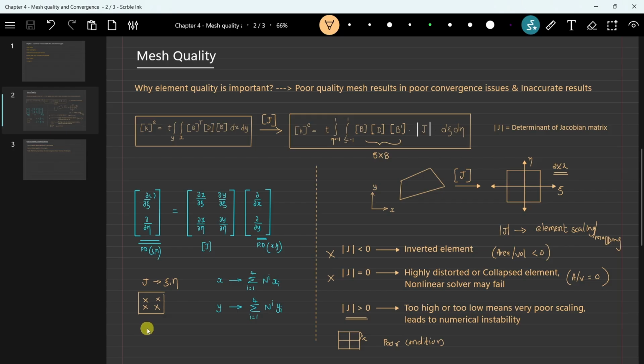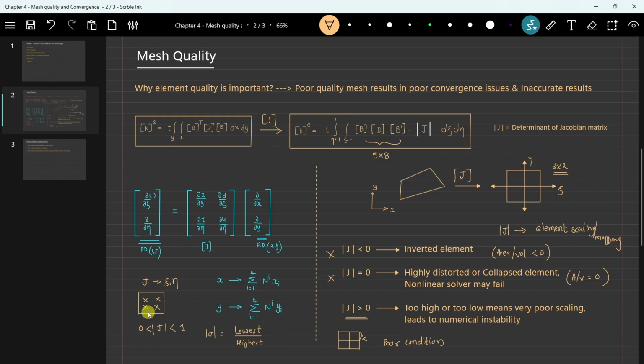Now, in many softwares, the Jacobian range is 0 to 1. How this is calculated is it is simply a ratio of the lowest to the highest value in that element. So the Jacobian is the lowest Jacobian to the highest Jacobian among four integration points.